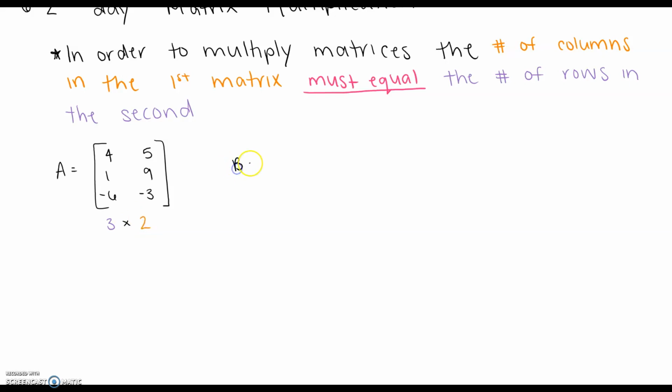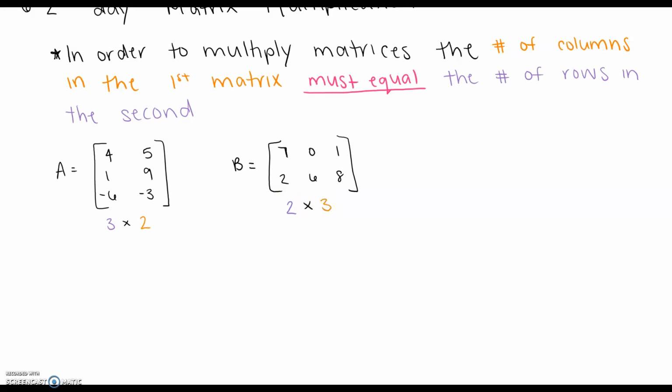Matrix B, let's have it be 7, 0, 1, 2, 6, 8. So this has 2 rows, so it's a 2 by 3, because 3 columns.